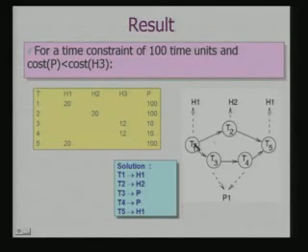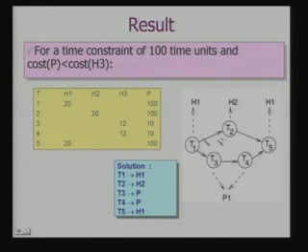Now if you look at the time constraint, it will come from 20 plus 20, and this T5 is mapped to H1. So I am using 2 units of H1, that is 20. So I get a time constraint along this path less than 100. Along the other path is also less than 100, because I am mapping T3 and T4 to the processor, which is 10 plus 10, 20.